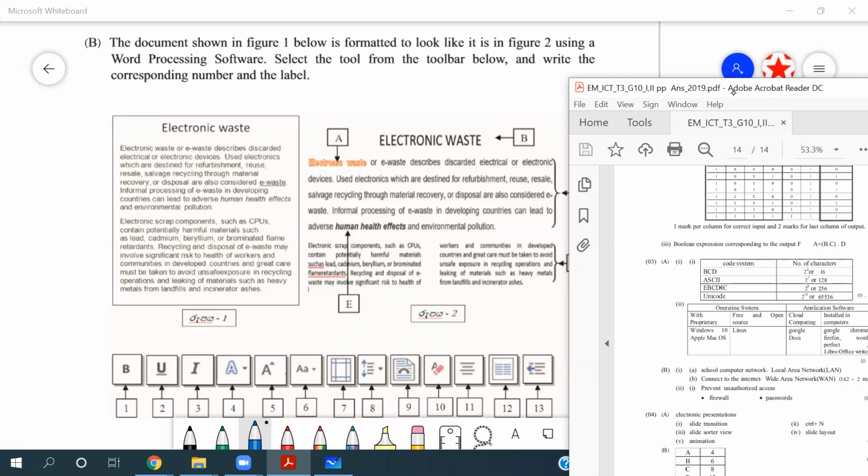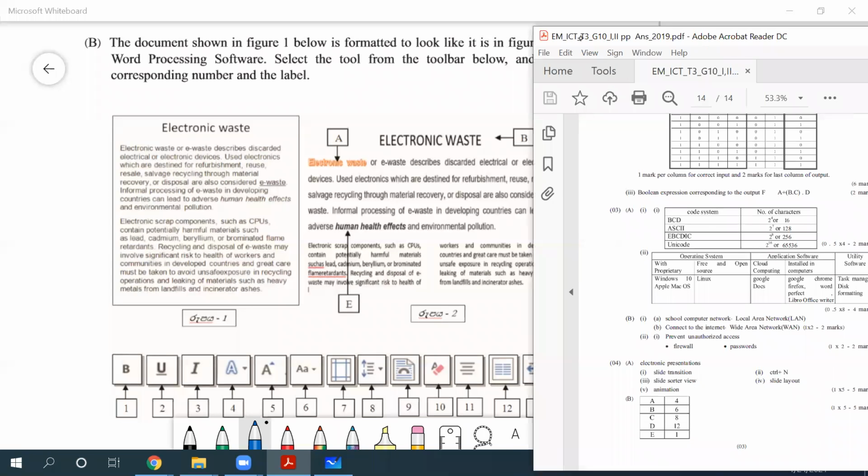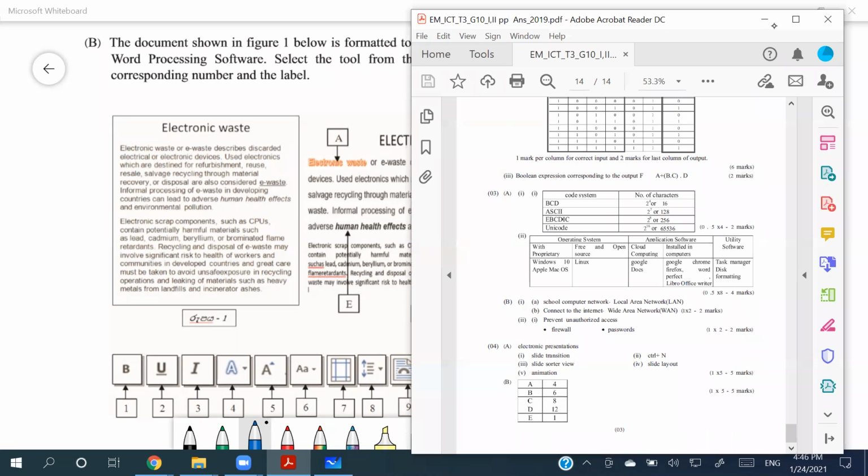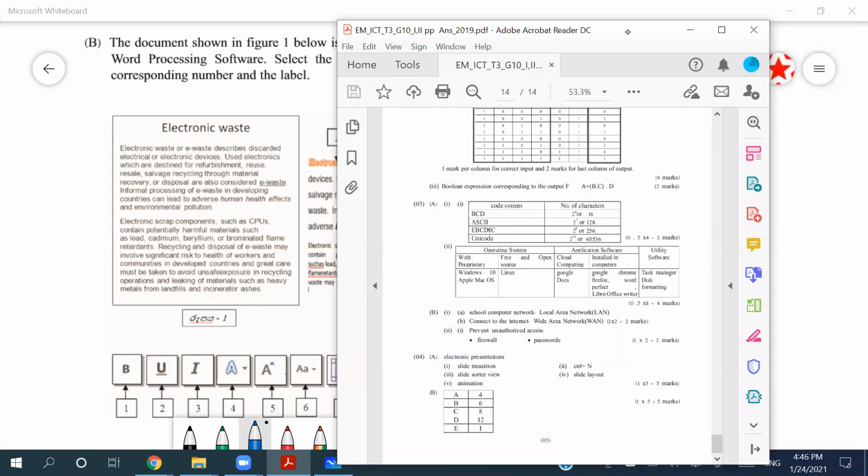If you have one of those, you can have the marks. And for E, can 3 come? For E, yes. Can italic come? Italic should be there because bold and italic both should be there. So if you got bold or italic, you can have the marks, because in the marking scheme they have given marks for only one. So that's why I'm telling you, right?